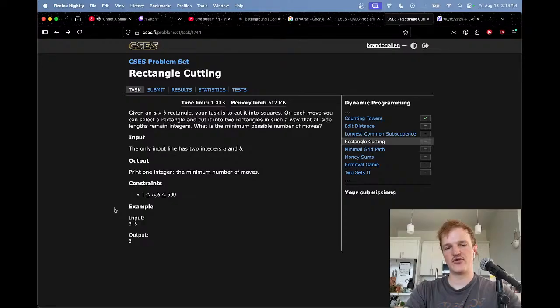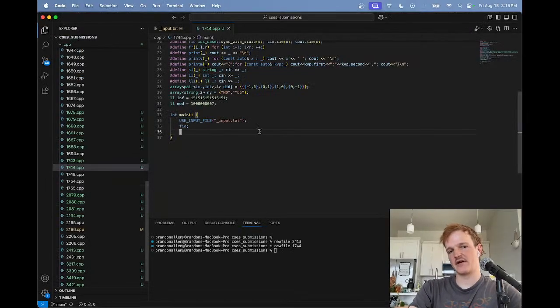The input line only has two integers, a and b. That's a little damning too, that I have to recalculate the entire thing. That kind of is rough.